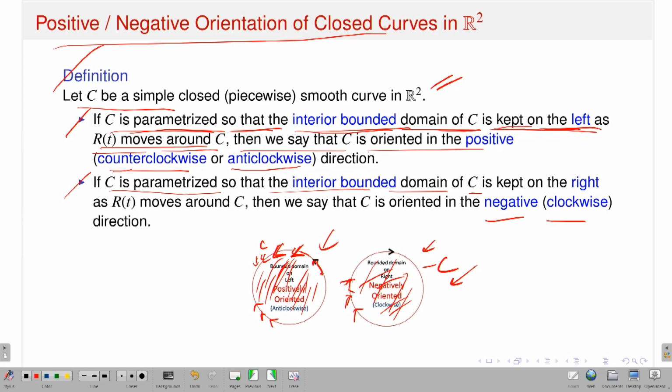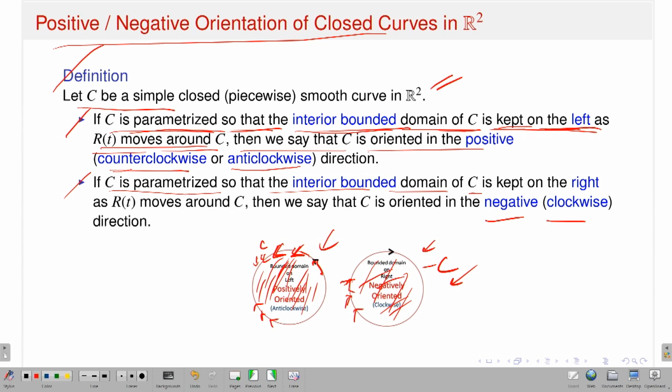If I have a simple closed smooth curve, it divides the complex plane into two parts. One is the interior bounded domain of C, another is the exterior of C. Now I will move along the curve C in such a way that if I see my interior bounded domain always on the left, I will say that I am talking about the positive direction or anticlockwise direction.